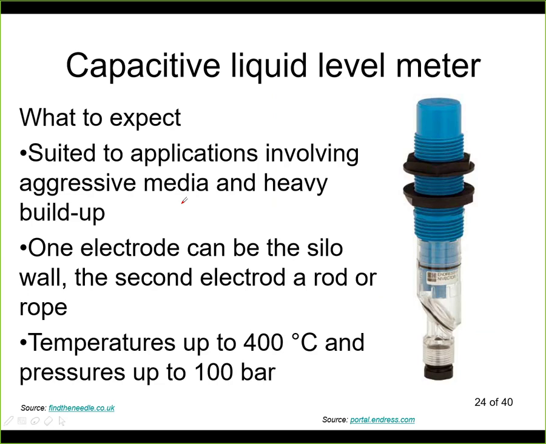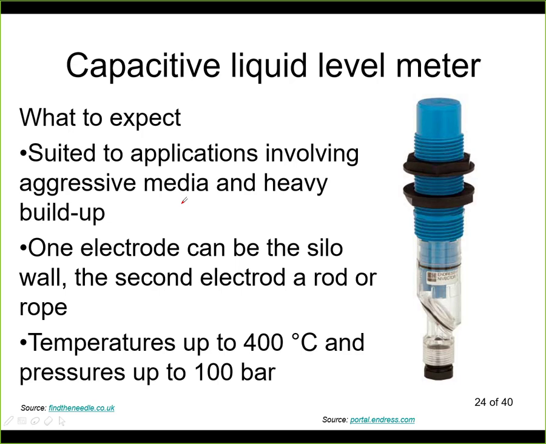So what can you expect? Capacitive sensors are suitable for applications that have aggressive media and heavy buildup. The buildup means that the material sticks on your electrodes, but this can be compensated.